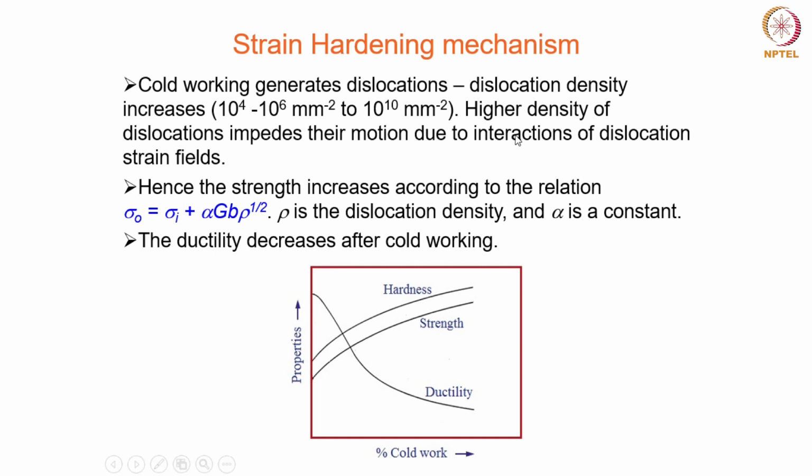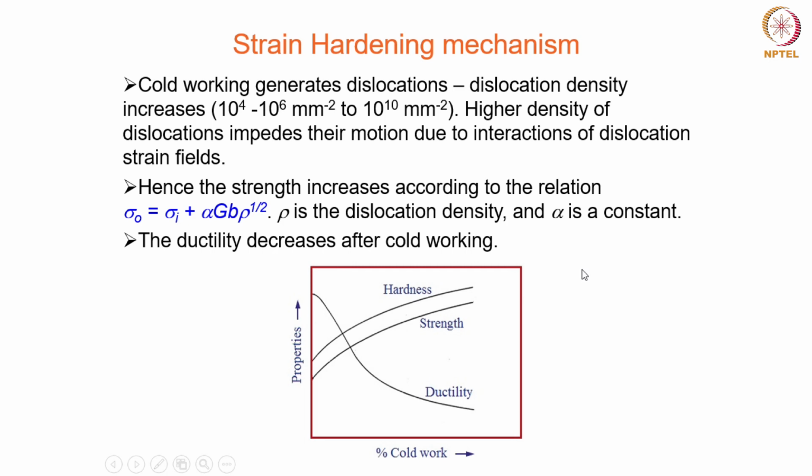These interactions can happen in different ways depending on how the dislocations are moving and what kind of dislocations you have, whether you have an edge dislocation coming in the path of another edge dislocation, or interactions between edge and screw dislocations. So depending on that, you could have different types of interactions as the dislocations move through the slip planes.